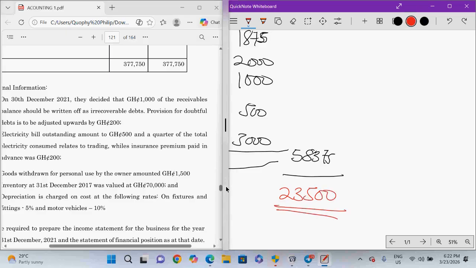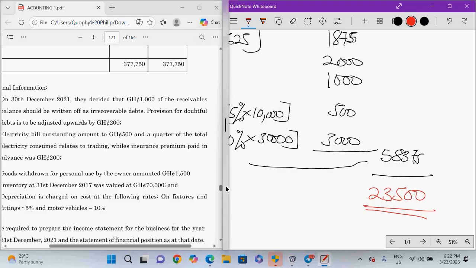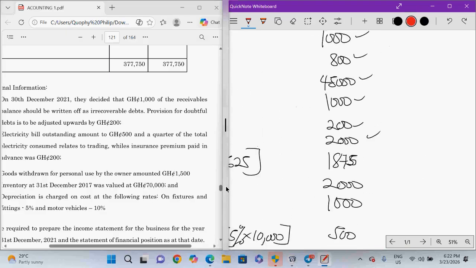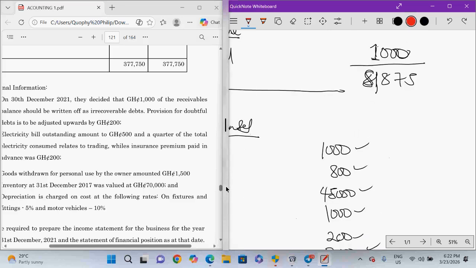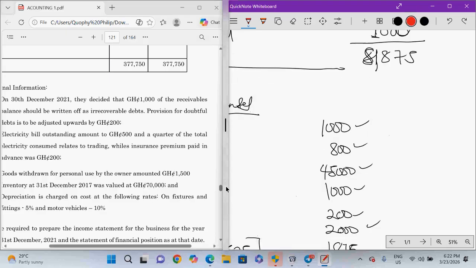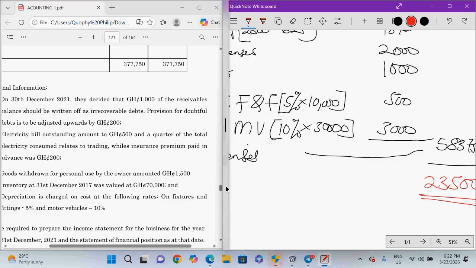Has it been confirmed? 81,875. Yes, it's confirmed.